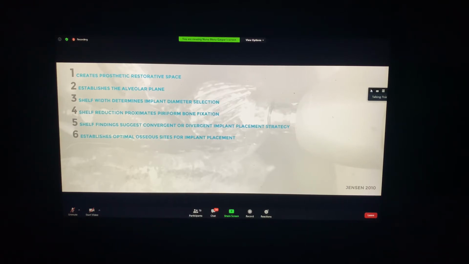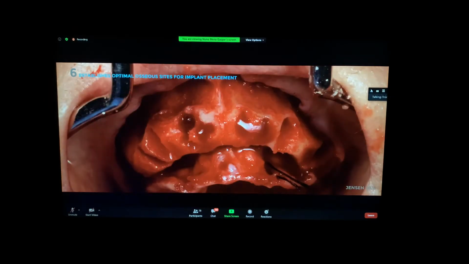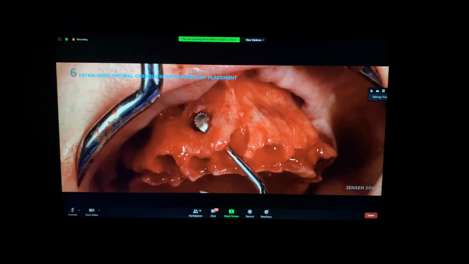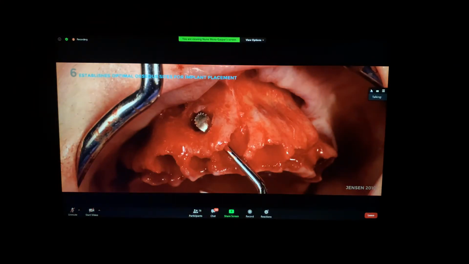Because in a case like this, sometimes we have doubts where to place our implants. Những ca như thế này thì đôi khi việc mài chỉnh sẽ đạt đủ chiều ngang để có thể chọn chính xác đường kính implant.